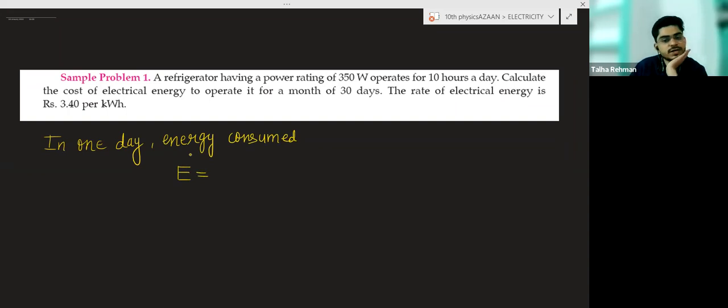And what is the formula of energy consumed? Power into time.